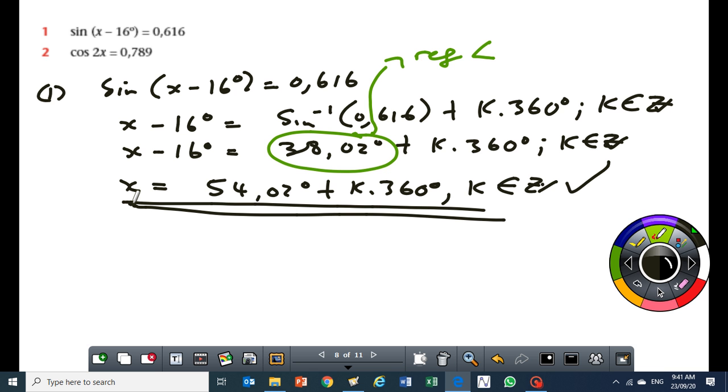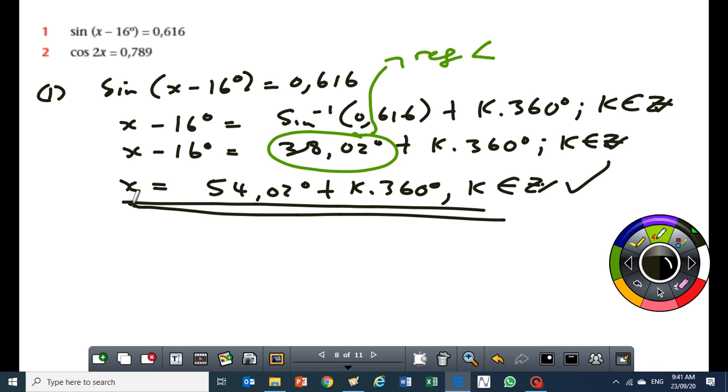Now, this is not the only one. Yes. Where did the 54 come from? If you take minus 16 to the right, you add it to the 38.02. Then I need to find another general solution based on the corresponding angle in the second quadrant to this reference angle.